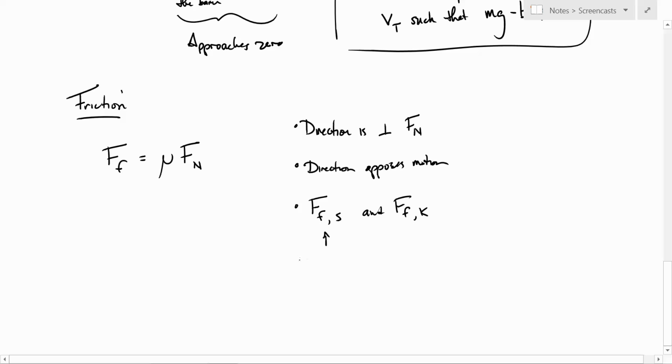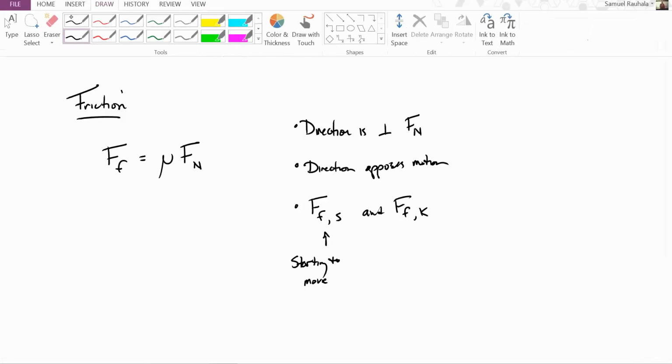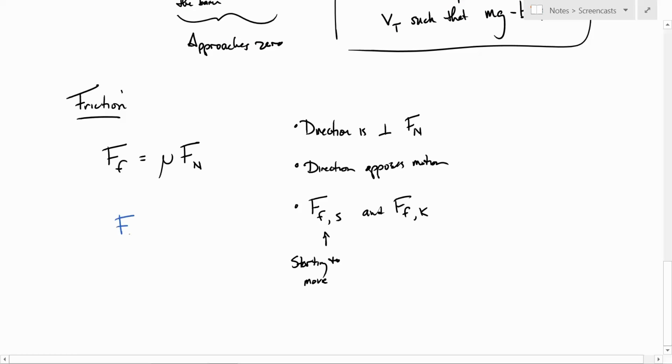So this is something that is starting to move or trying to move, but not moving yet. And when we look at static friction, we're really getting a max value. And so the idea is that static friction is less than or equal to mu Fn, which is equal to a maximum static friction force.